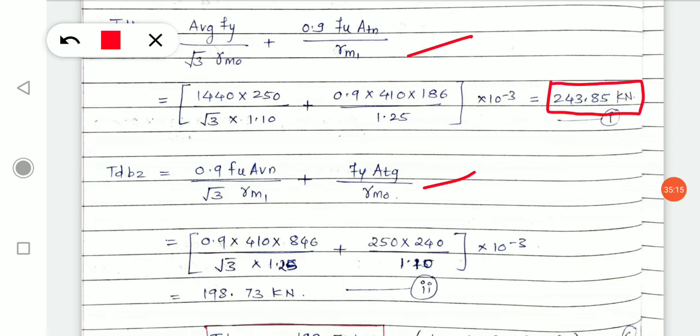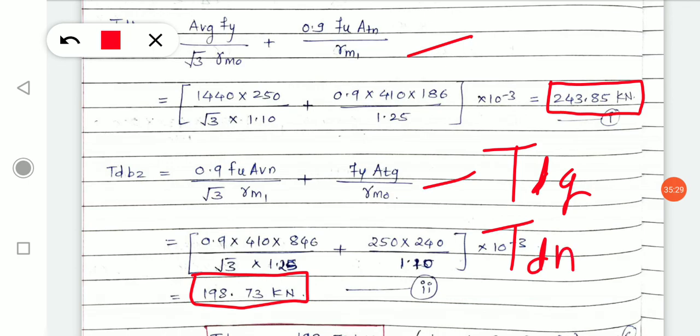TDB1 value is 243, TDB2 value is 198.73 kilonewton. Now TDG is the yielding formula, TDN the rupture formula, and the last one, TDB, is for block shear.